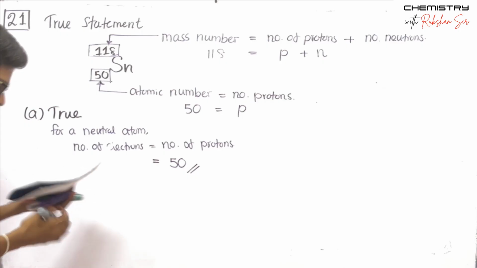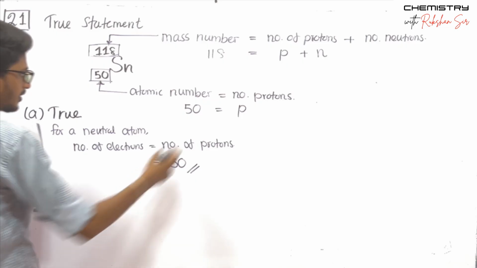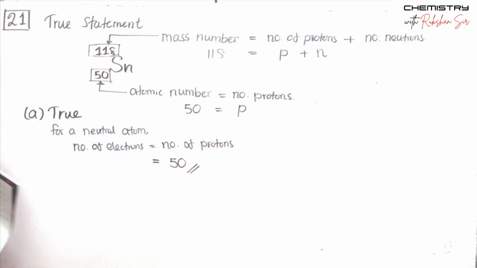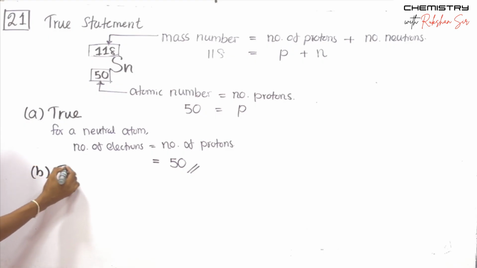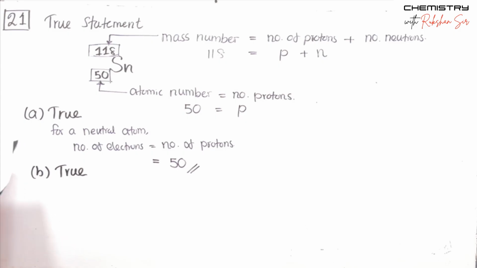Let's come to statement B. It has 50 protons. This is also true, since the atomic number is equal to the number of protons. Statement C: it has a total number of 118 electrons and protons.